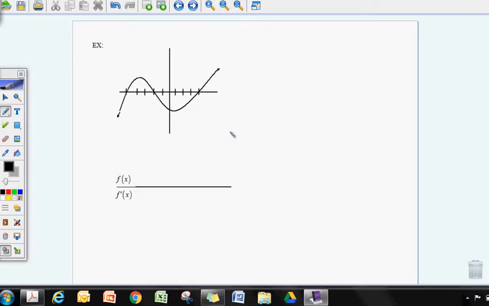Okay, welcome back. So the first thing that I need to do is find my critical points. And my critical points are where my derivative equals 0. This is my derivative that came in the typing from the other page. It is 0 in three places.